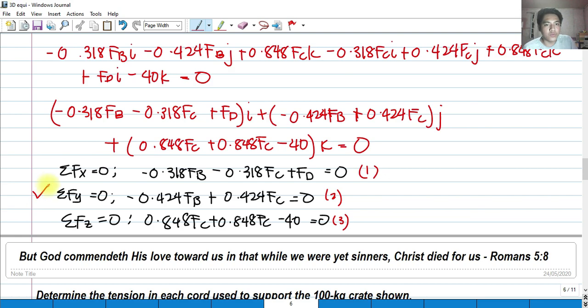From equation 2, we can see that F_B is equal to F_C. So we have 0.424 F_B equals 0.424 F_C, so this would cancel. Technically, F_B equals F_C. From equation 3, we can get either F_B or F_C since they are equal.